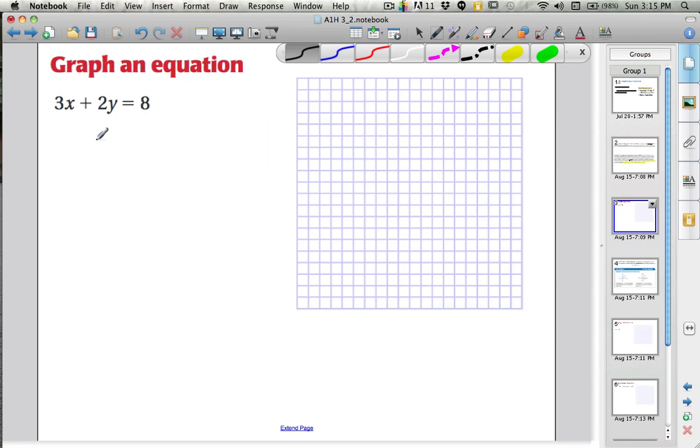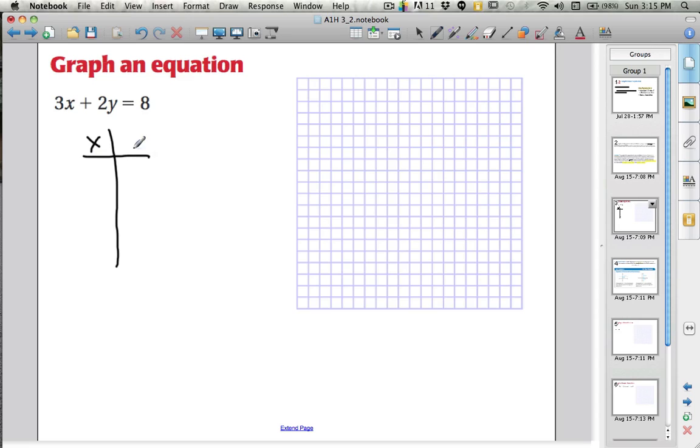So if we look at this, and I wanted to go ahead and start plotting this graph, I'm going to try, say, -2, 0, and 2. All right, so I've got a negative number, I've got 0, and I've got 2 for my x values. When I plug in -2, I'll have 3 times -2 plus 2y is equal to 8. 3 times -3 is -9.